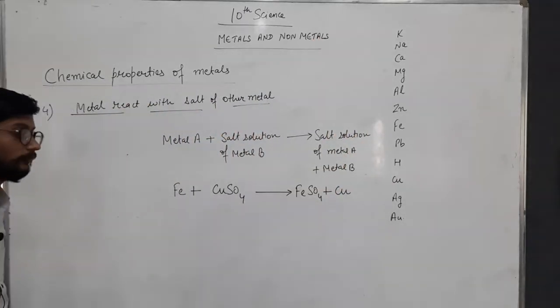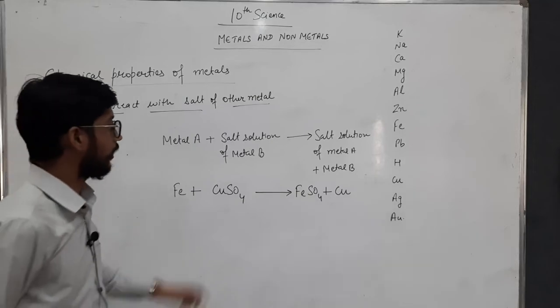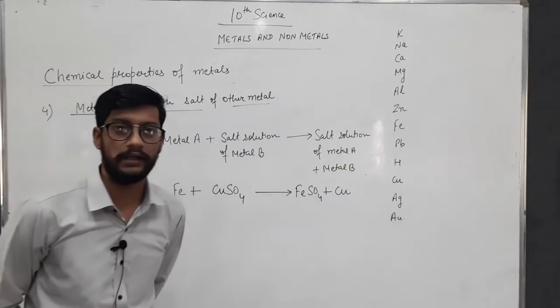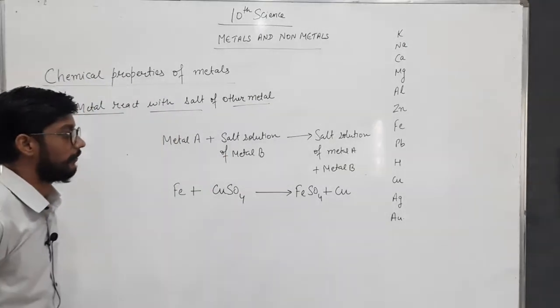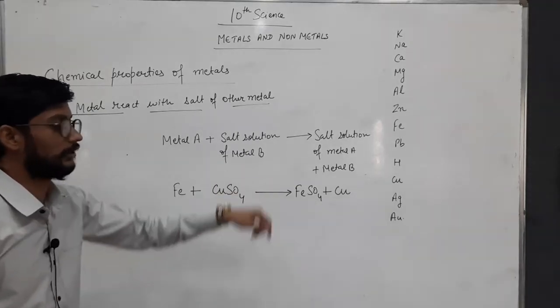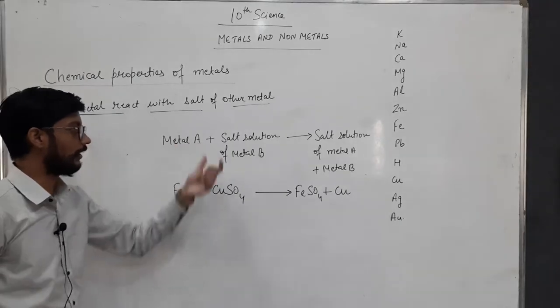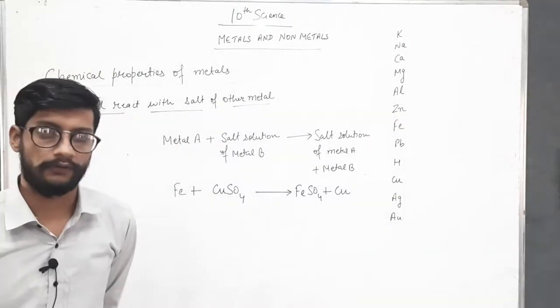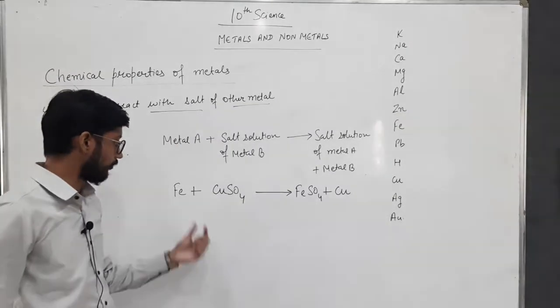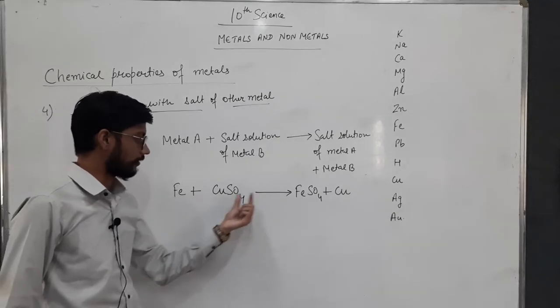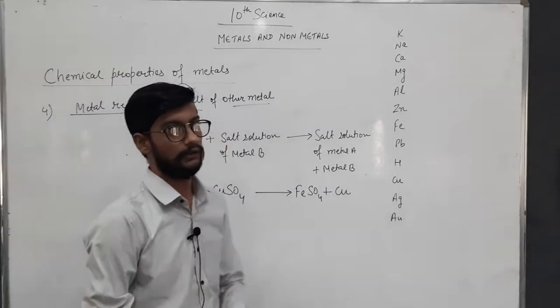If metal A is more reactive than metal B, then and only then salt solution of metal A will be formed and metal B will get displaced from here. So this is a displacement reaction, since metal A is displacing metal B from its salt solution. Iron plus copper sulfate will give iron sulfate plus copper.